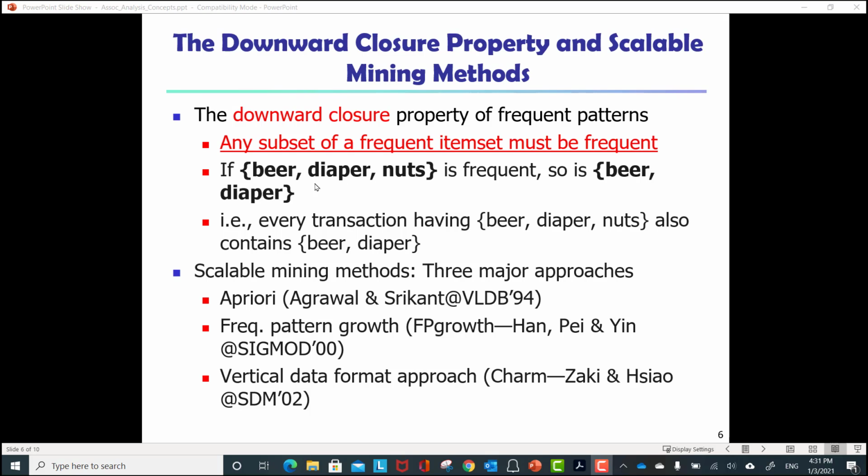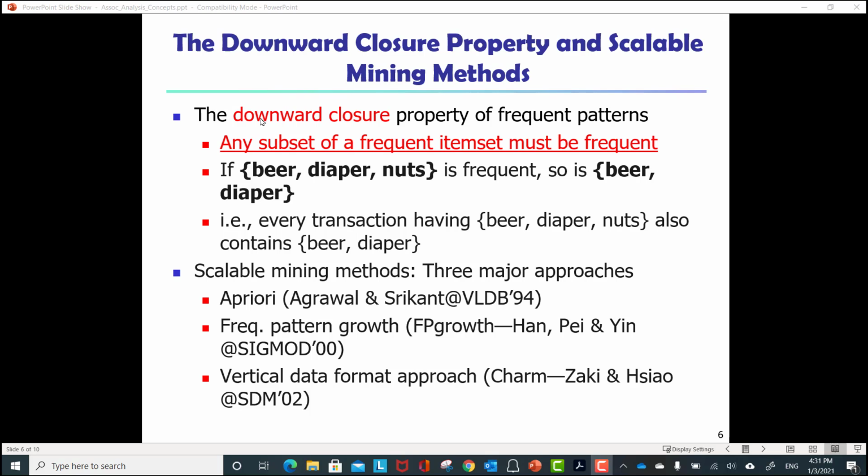When you think about it, beer, diaper, nuts occurred more than the minimum support level. Obviously, beer and diaper, which is a subset of these three, should be frequent, right?